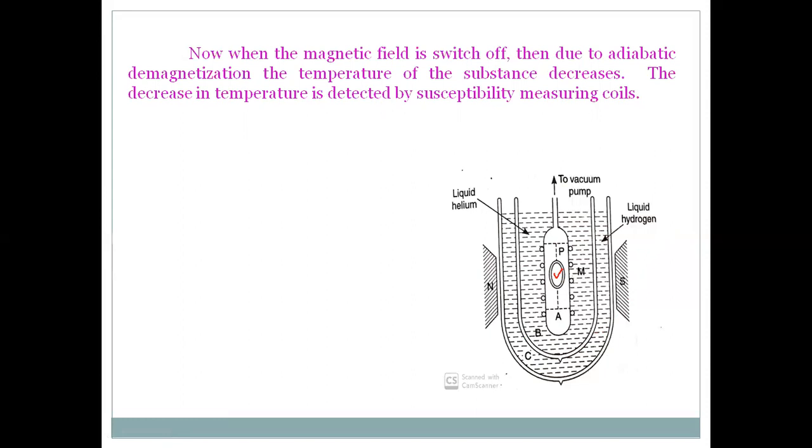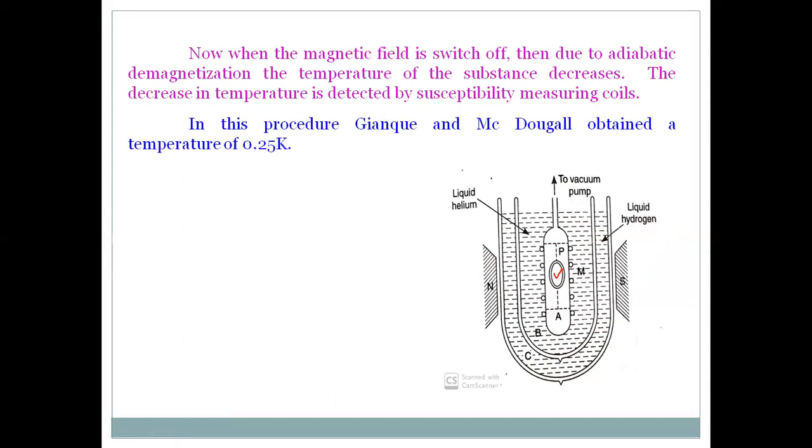That energy is taken from its internal energy. So the temperature of this substance decreases, to less than 1 Kelvin. By using this procedure, Giauque and McDougall obtained a temperature of 0.25 Kelvin. So by using this gadolinium sulfate material, they obtained 0.25 Kelvin.